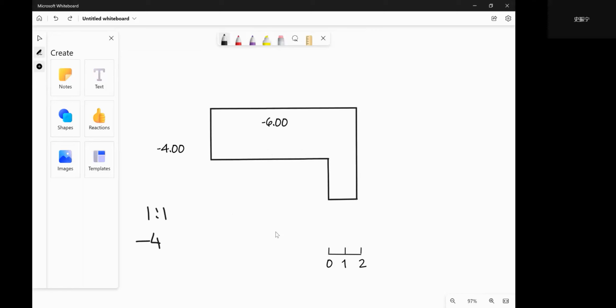Let me see. Okay, 2 to 1. Oh, it's okay. I just set it as an example. Don't worry. Okay, I know.